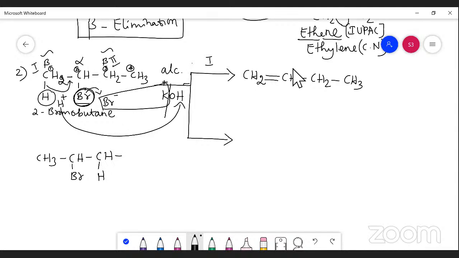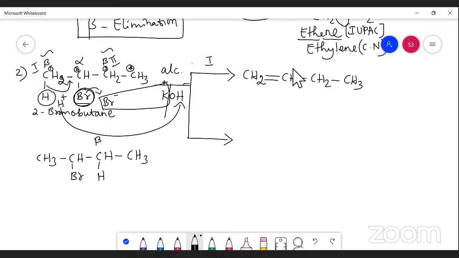And the same way CH2, the same compound. For the first pathway, I took a beta hydrogen from the left side beta carbon. Now I am going to concentrate on the right side beta carbon. This is your second pathway.